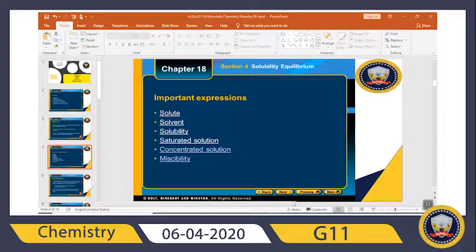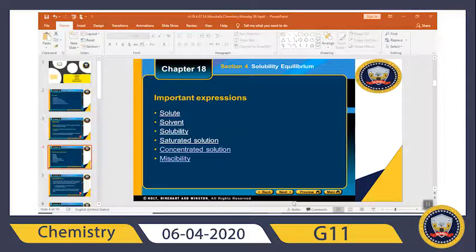The third expression is solubility. The process of dissolving table salt in water is solubility. Solubility is a chemical property referring to the ability of a given substance, the solute, to dissolve in a solvent. It is measured in terms of the maximum amount of the solute dissolved in a solvent at equilibrium.